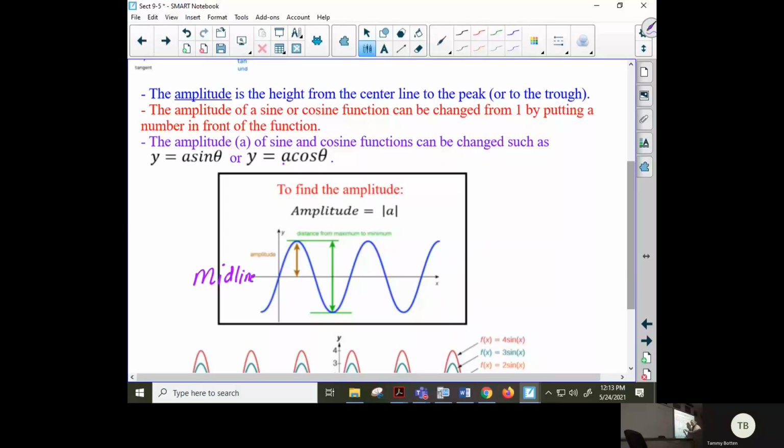And amplitude is the distance from your midline to one of the peaks of your graph, or the midline to, this is called the trough of your graph, okay? So one of those two. It's just basically how high is your graph from the midline, okay?